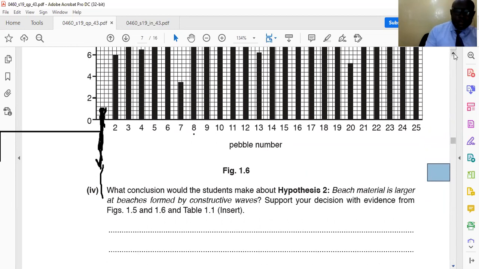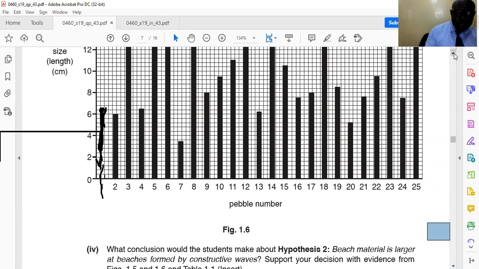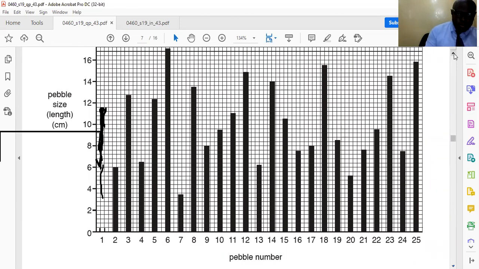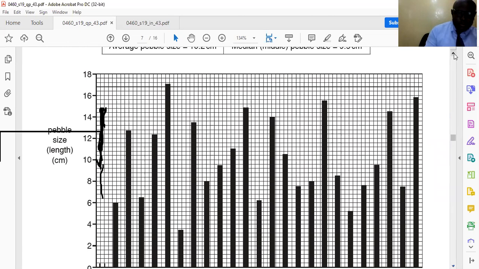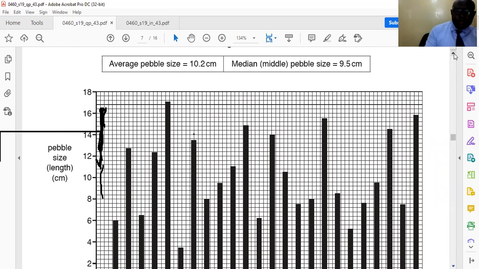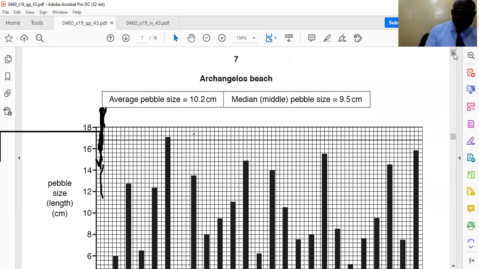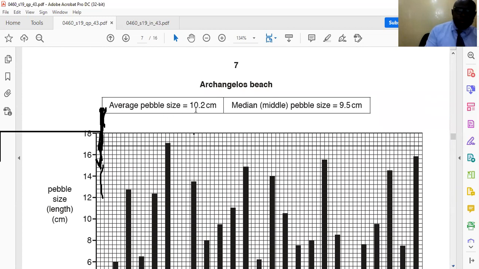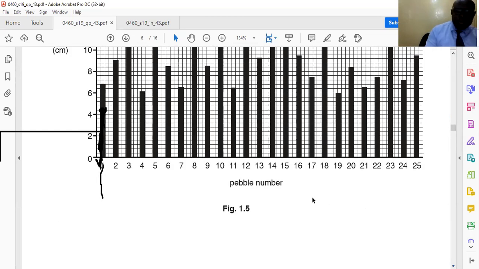We can see that, like here now, at the Ajello Beach, average pebble size is 10.3, median size is 9.5, which is more than 7.3, which is for the constructive waves. So that is just one.